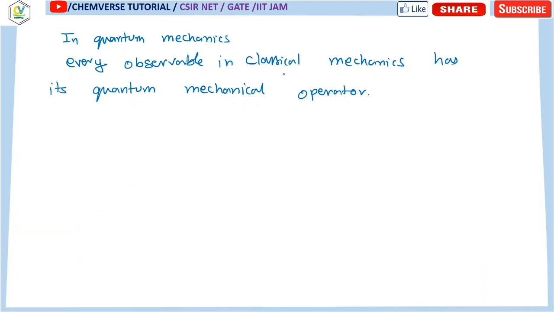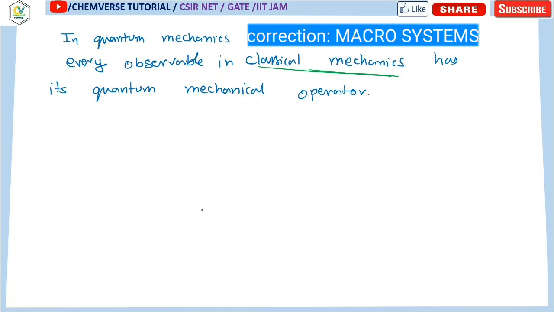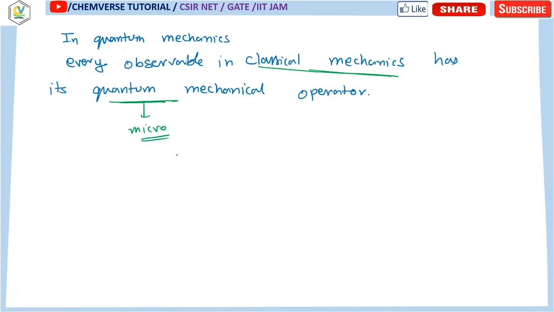Every observable in classical mechanics: classical mechanics generally deals with macro objects, while quantum mechanics we apply to microsystems like electrons, protons, this kind of subatomic particles. Classical or Newtonian mechanics is basically applied over macro objects, like a moving car.